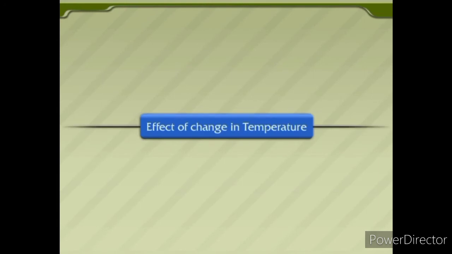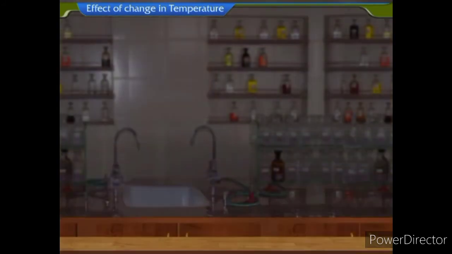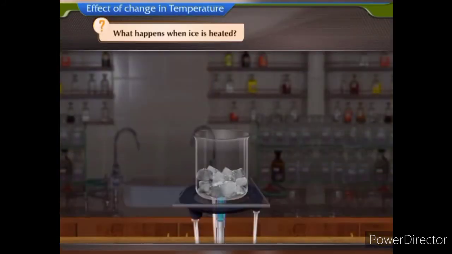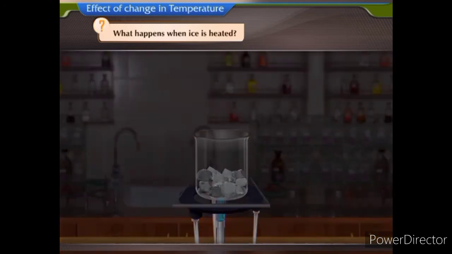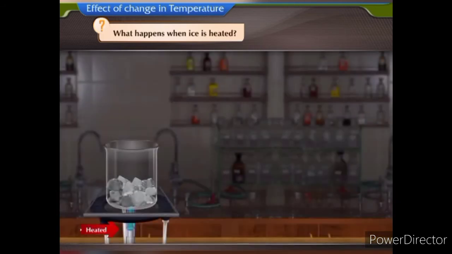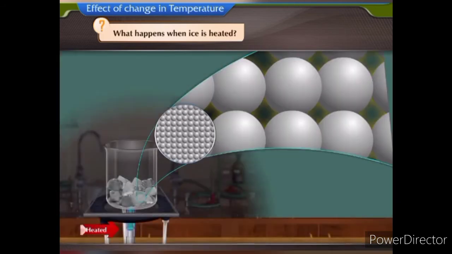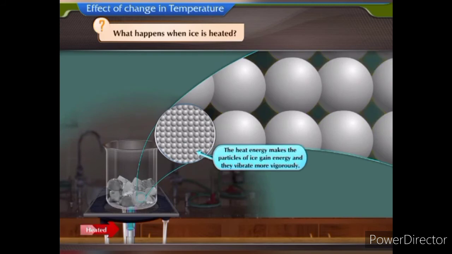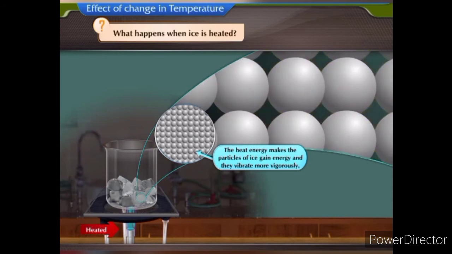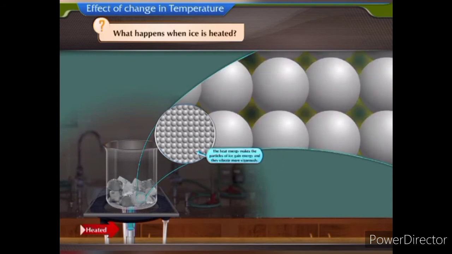Effect of change in temperature. What happens when ice is heated? When ice is heated sufficiently, the heat energy makes the particles of ice gain energy and they vibrate more vigorously.